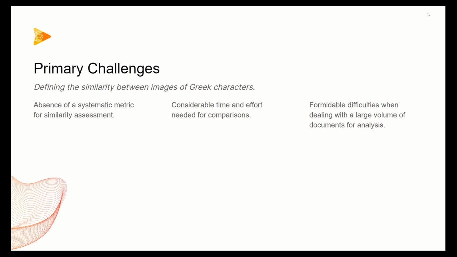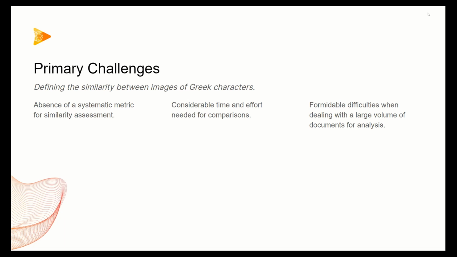And if we try to do it, we need to put in a lot of effort and a lot of time to complete this process. And that may be a problem if we have to handle a lot of images and a lot of TMs, a lot of letters, so we need all of that.